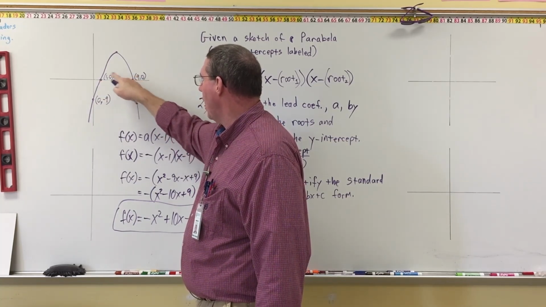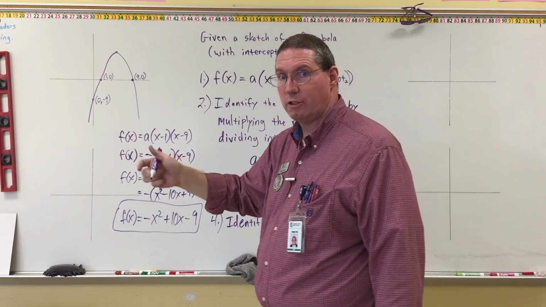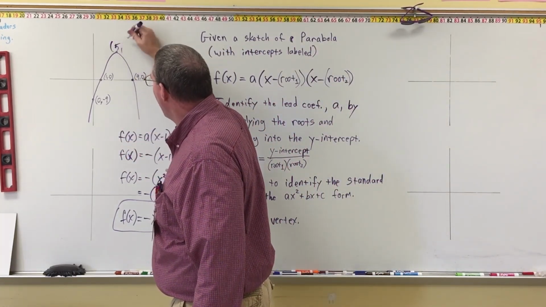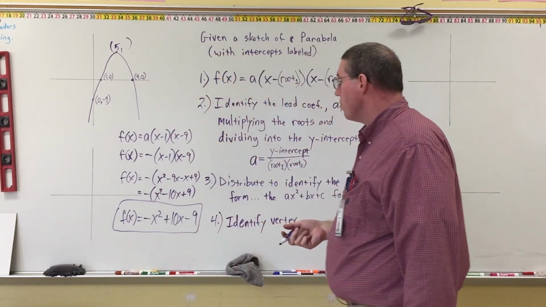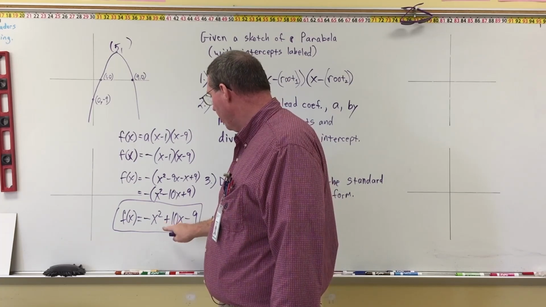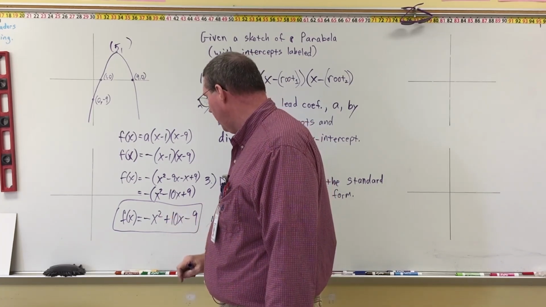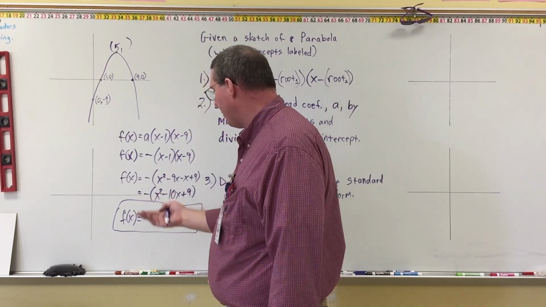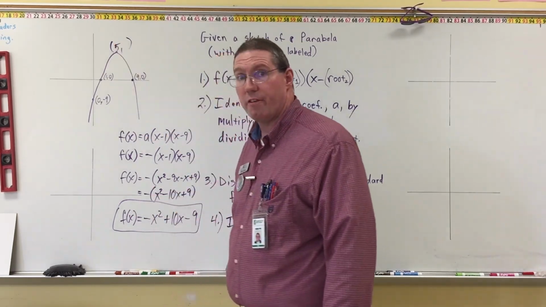So if we add 9 plus 1, that's 10, divided by 2, that's 5. So we know that this vertex is at 5 comma something, or we could use negative b over 2a. Now that we have this form, we can do negative b, which is -10, over 2 times -1, that's -2. So -10 divided by -2 is 5. So there we go. We've got our vertex.